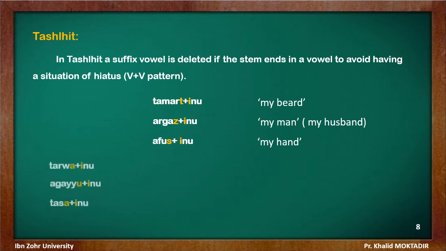Now look what happens when we have two contiguous vowels. Darwa inu, ageyu inu, tesa inu. What happens is this.